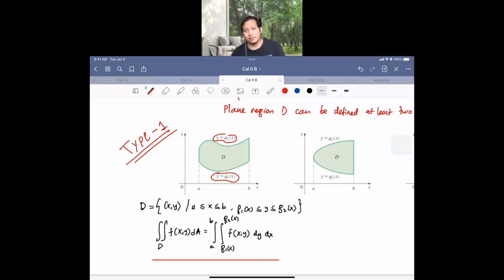It doesn't matter, as long as you know how to deal with the functions. Type 1 means that if you can define those curves as functions of x, then we are going to have this kind of formulation.